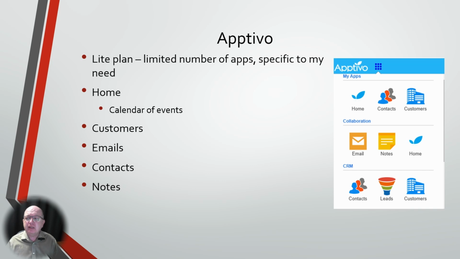All that I'm using is that my home on the right hand side here lists things such as my calendar events. I have a customer database. I can do emails, but I don't really use them right now. I have contacts, so I have customers and I have contacts. I can separate my clients within my businesses and my customers. And the biggest one that I use is my notes.